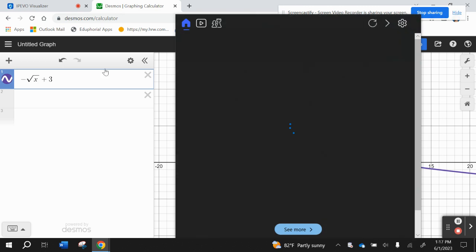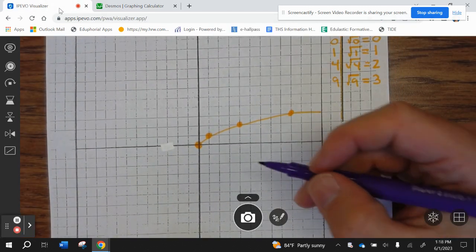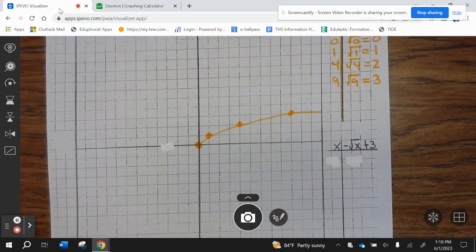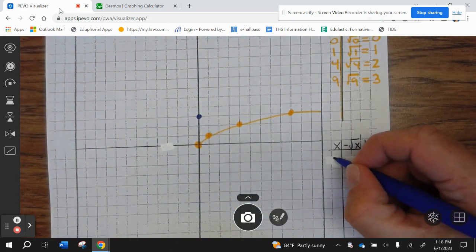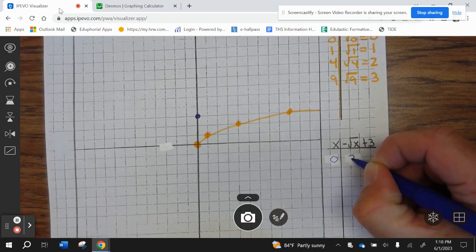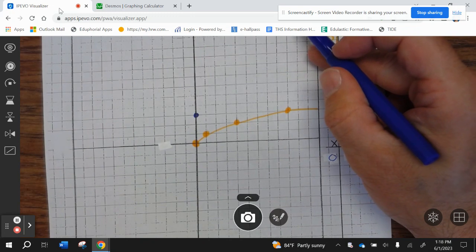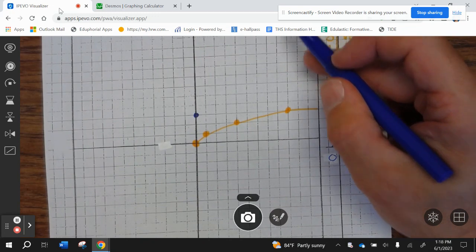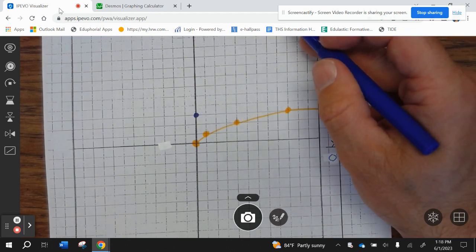Okay, so now we have 0, 3, and let's look at that first. So 0, 3. Okay, so 0, 1, 2, 3. That point makes sense because the 3, right, it went up, right? So now we know we need to go up and reflect.